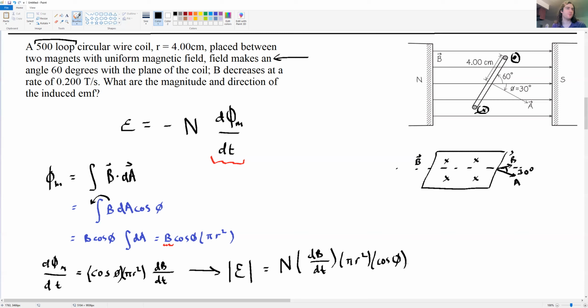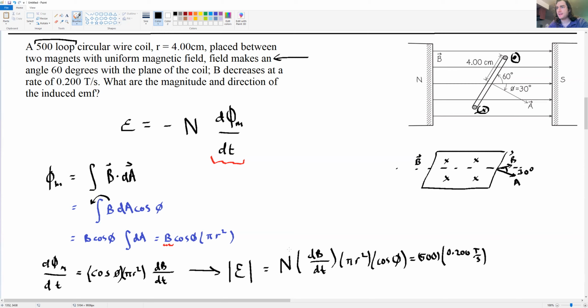Now this is a formula we're ready to plug stuff into, so that's what I'm going to do. If you haven't already, go ahead and plug stuff in with me. Maybe I can write it out over here. There are 500 turns. The rate of change of the magnetic field was given to us as 0.200 Tesla per second.